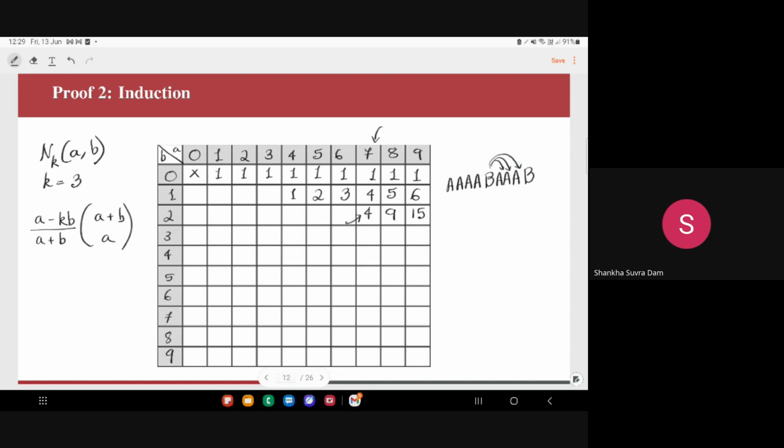So there are 4 ways to do this. That's why this entry is 4. And so on and so forth.